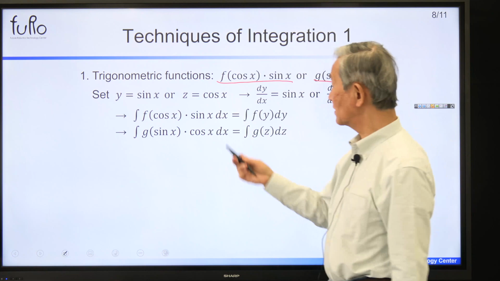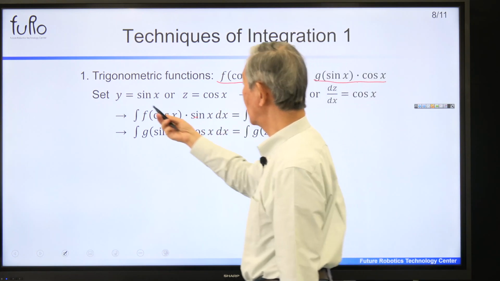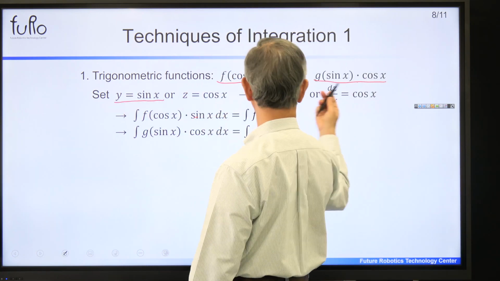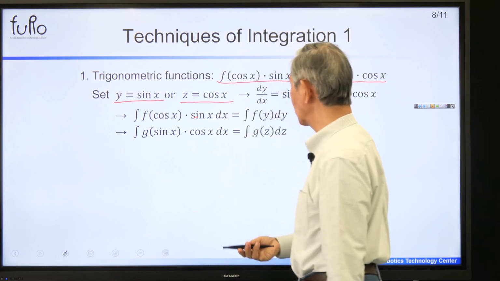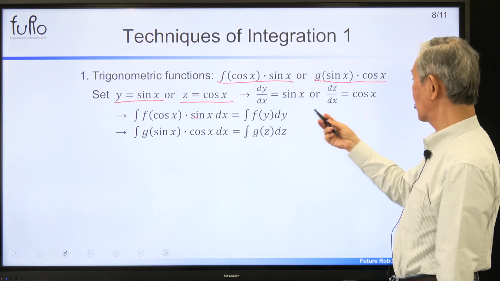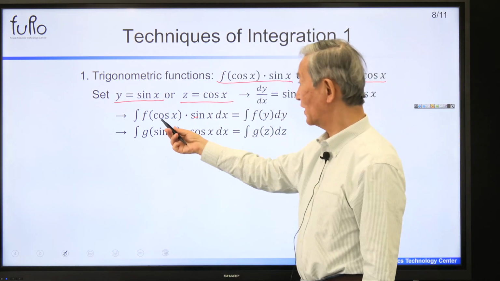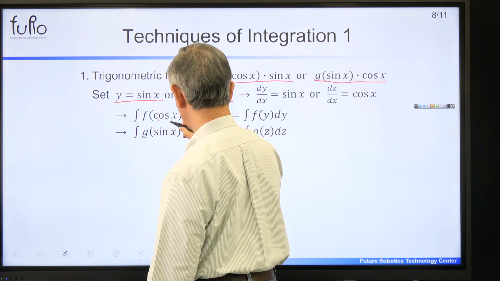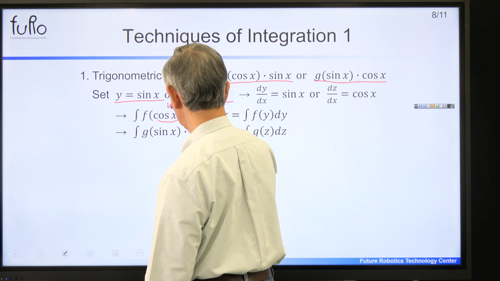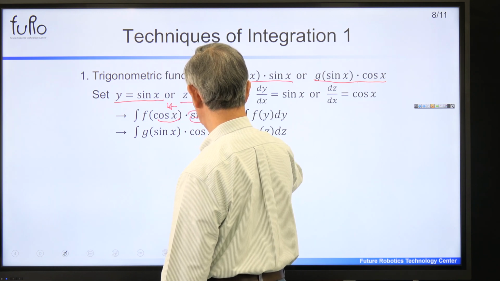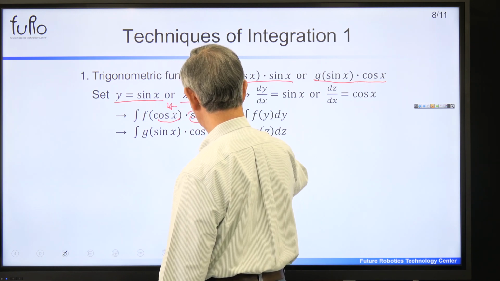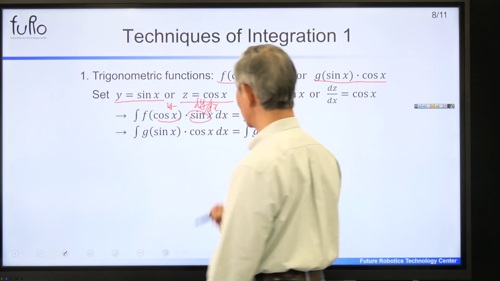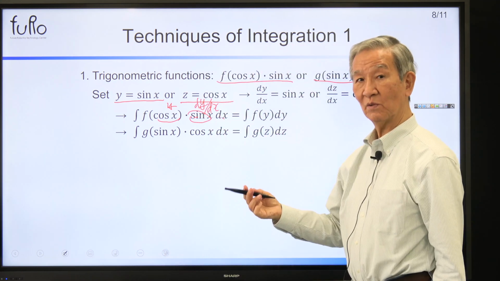In those cases, the first case you set y is equal to sine x, and second case you set z is equal to cosine x. Then the derivatives are cosine x and minus sine x. So that one becomes this cosine x. If that is equal to y, then this one here is dy dx. So you can use rule C.